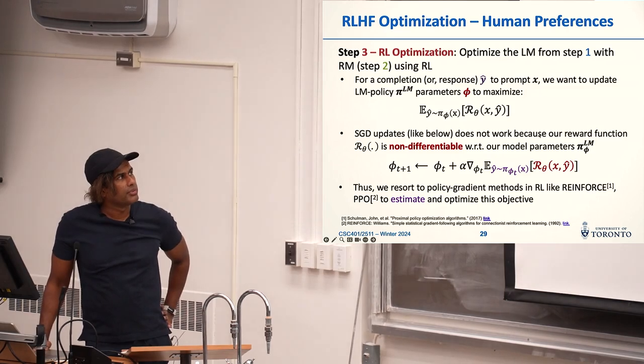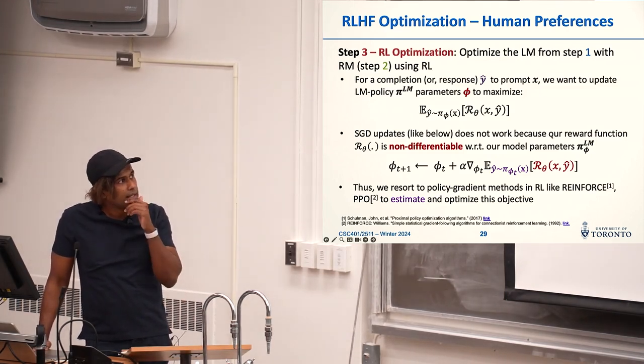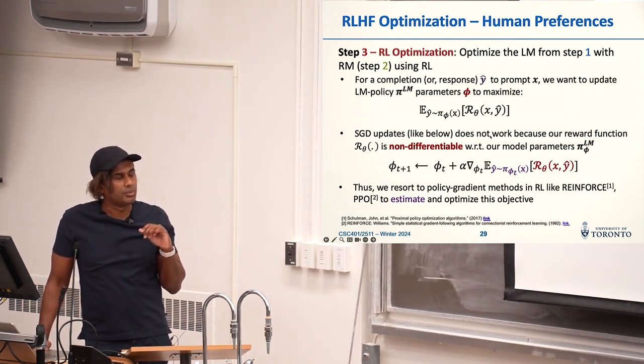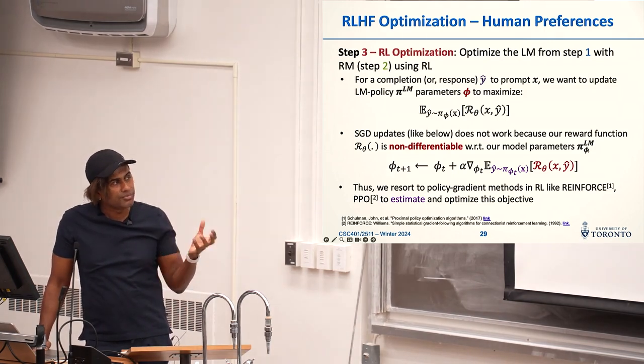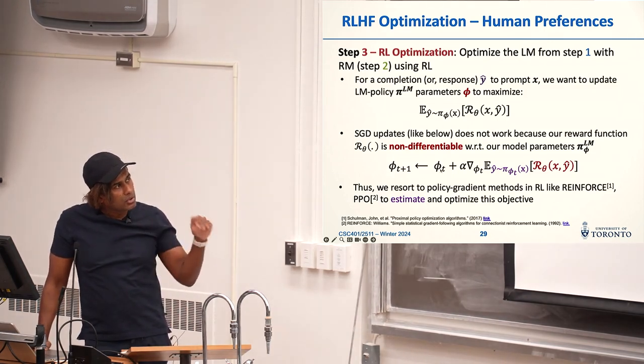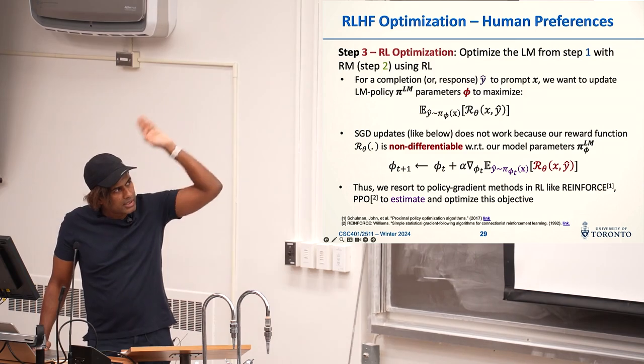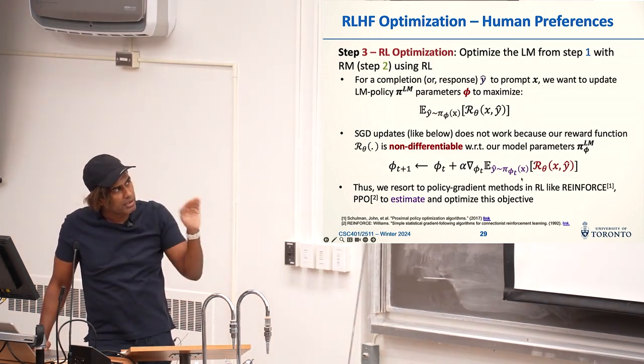One simple way is to train a neural network with stochastic gradient descent. But this r theta is not differentiable. We'd be trying to update our model parameters phi, and in the usual SGD setting you take the gradient towards the increasing objective and take a step.